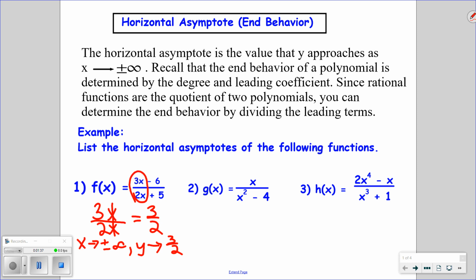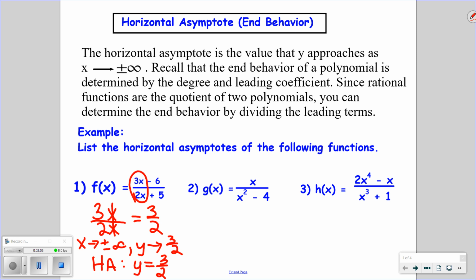So with rational functions, if the graph has a horizontal asymptote, then y approaches that finite value. Versus with the polynomials, y would always approach positive or negative infinity. All right, so if y is approaching 3 over 2, that means the horizontal asymptote is y equals 3 over 2.